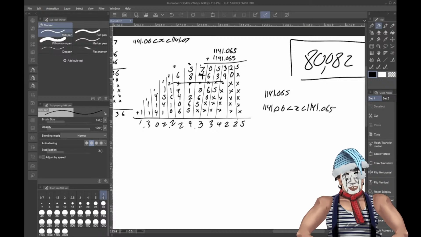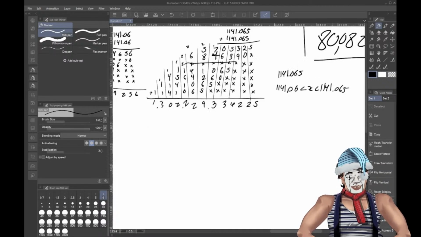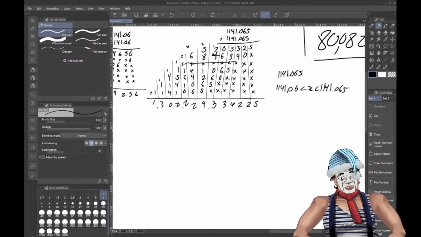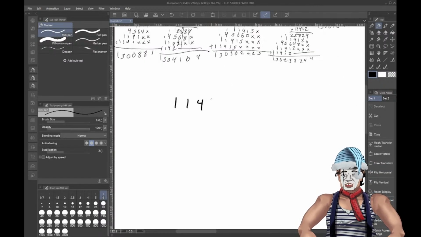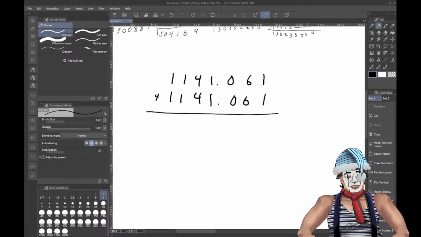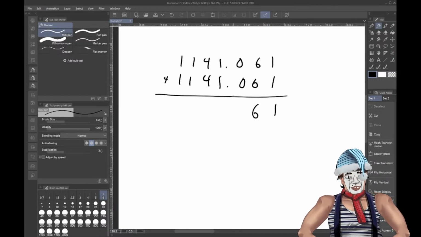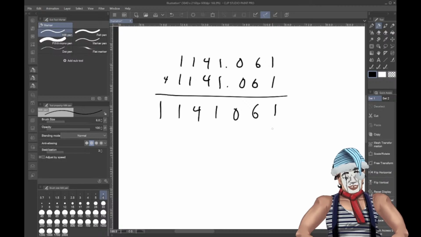Yeah, that's about right. 1141.061. And then you square it, let's say 160.1411. And you get 6, and then you get 6, and then 3, and then 6, and then the 24, and then the 8, and then the 6.